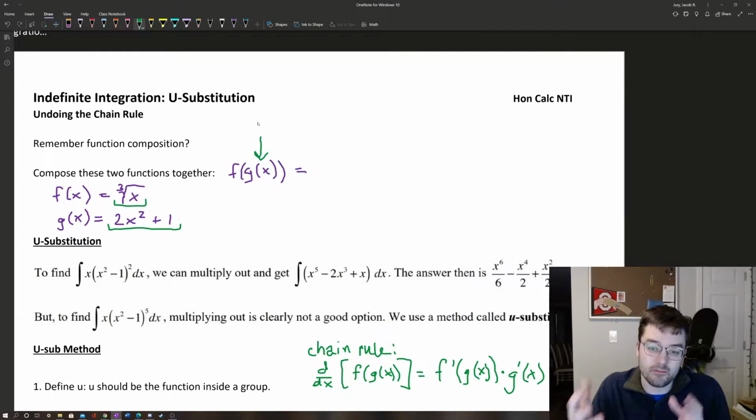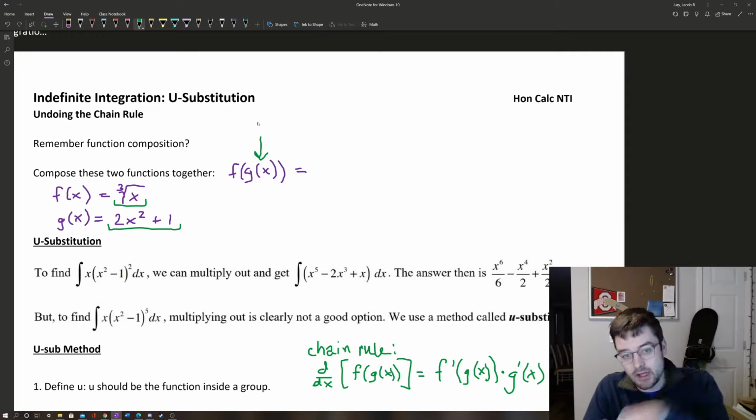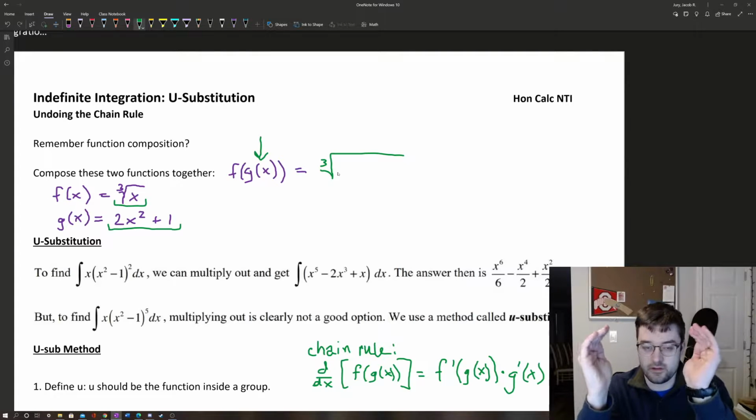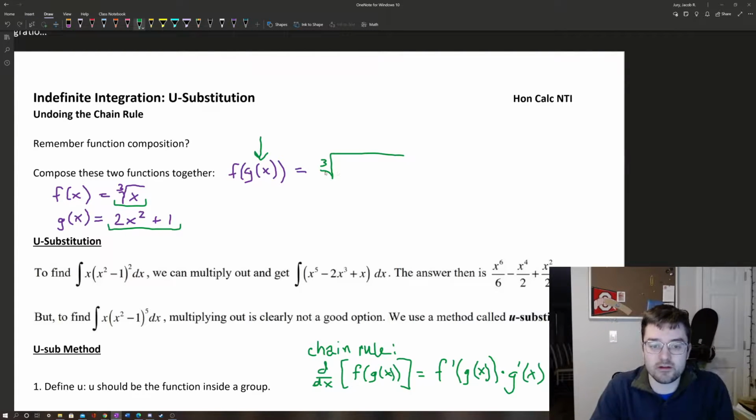So if we were going to compose g inside of f, then we would write the outside function, the cube root of x, whatever was an x, and inside of that we'd have 2x squared plus 1.